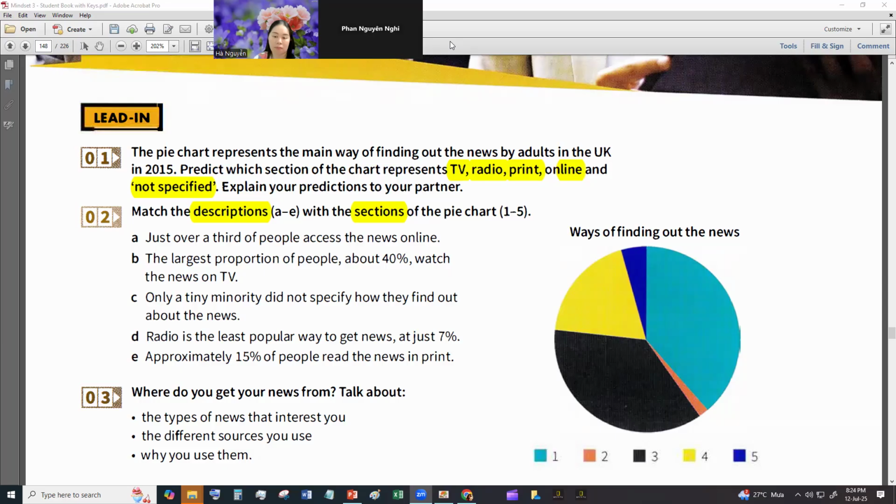I also get updates on transportation, like where traffic congestion happens, and I see some traffic accidents.